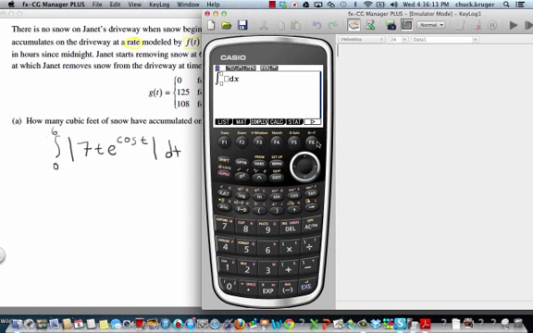Absolute value, and I want 7x, and then I think I got a function e on here, and everybody should have that on their calculator. And I want the cosine of x. Okay. And I want 6 up here and 0 down here. So I'm integrating to get my total.